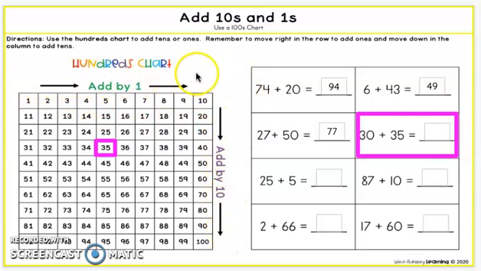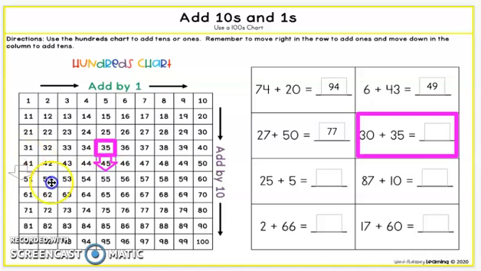Am I adding by 1 or am I adding by 10? Right, I'm going to move down the column. I'm going to make jumps down the column because I'm adding 30. How many jumps will I make? Remember, think how many 10s are in 30? That's right. I'm going to make 3 jumps.